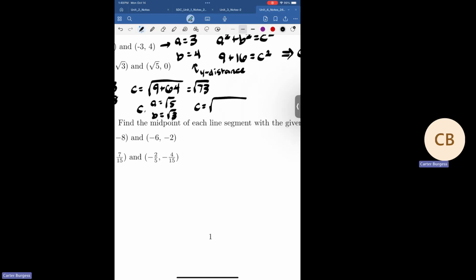The square root of 5 squared is just going to be 5, and the square root of 3 squared is just going to be 3. Which we could do stuff with, but I'm fine. So square root of 8, perfectly good.